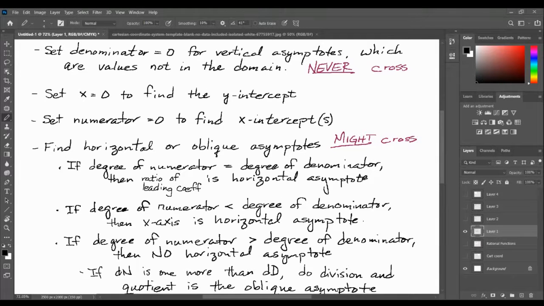Four x cubed minus 6x squared minus 16x plus 24. And they want us to graph that. Okay.